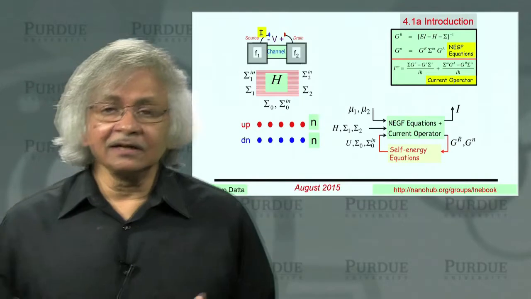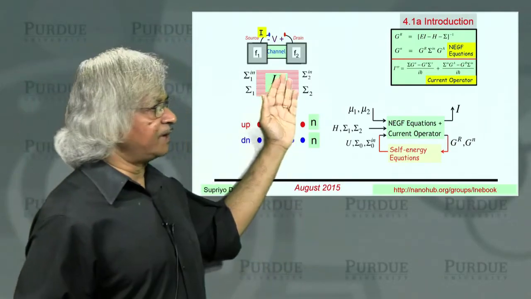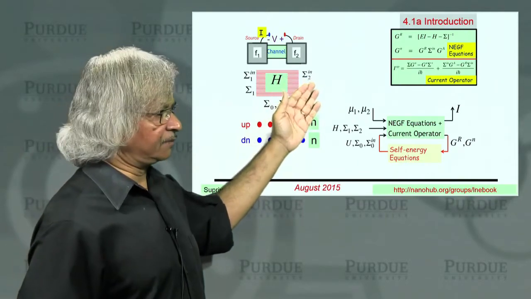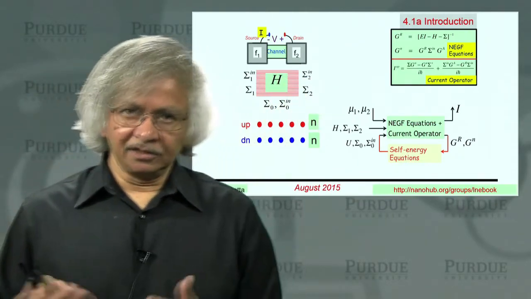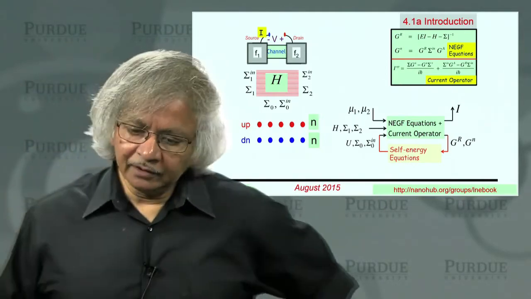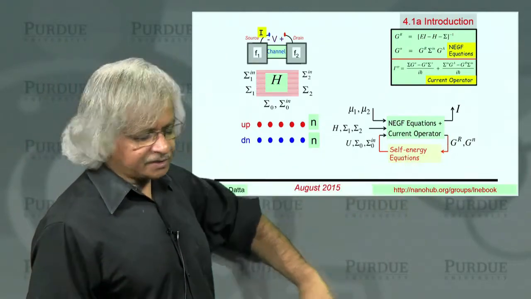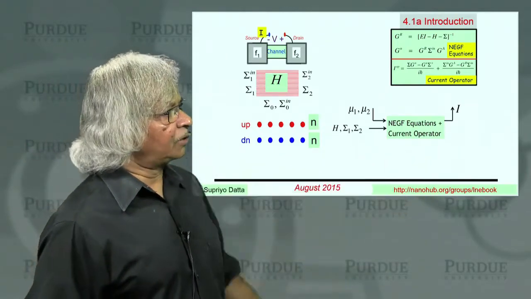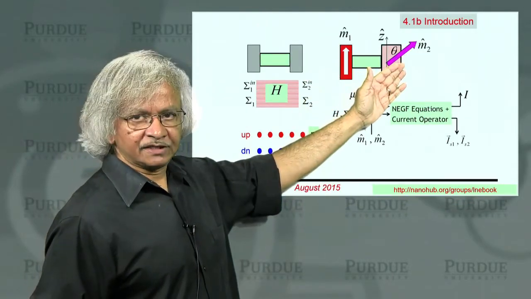On the other hand, there's an enormous amount of physics involved in how you write these matrices, the H's and the sigmas, and how you interpret the quantities you calculate, like G, N, A, etc. And that's what we'll be doing in this unit. So we won't talk too much about these interactions. Instead, what we'll consider is magnetic contacts, for example.